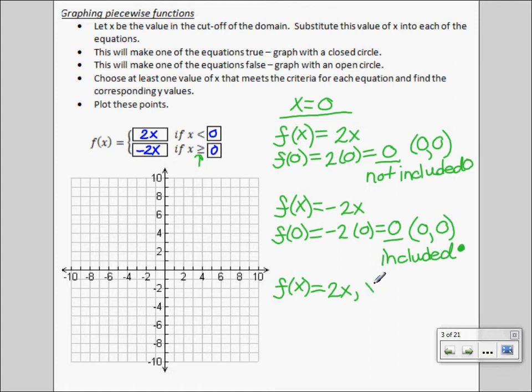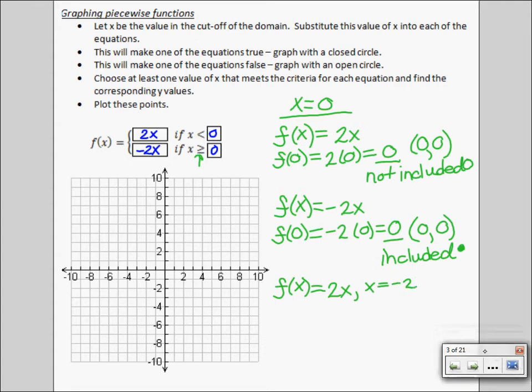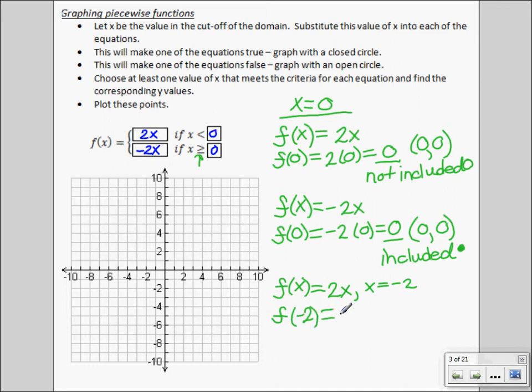So let's let x equal negative 2. So we're going to have f at negative 2, because negative 2 is less than 0. So 2, replacing the x with negative 2, yields just negative 4. So gathering these points, we have negative 2, comma, negative 4.